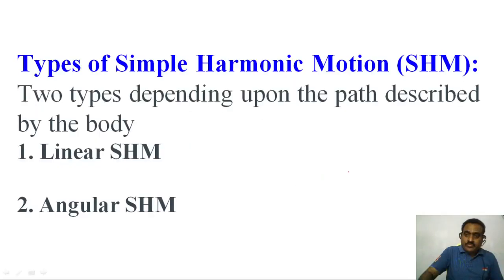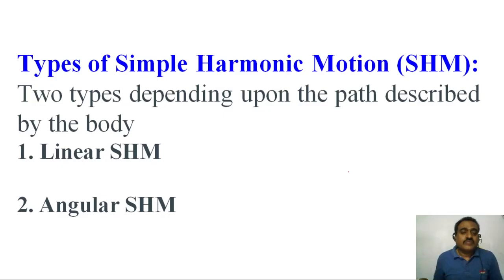Types of simple harmonic motion. Depending on the path of motion, it is divided into two types, depending upon the path described by the body. Along a straight line, that is linear simple harmonic motion.